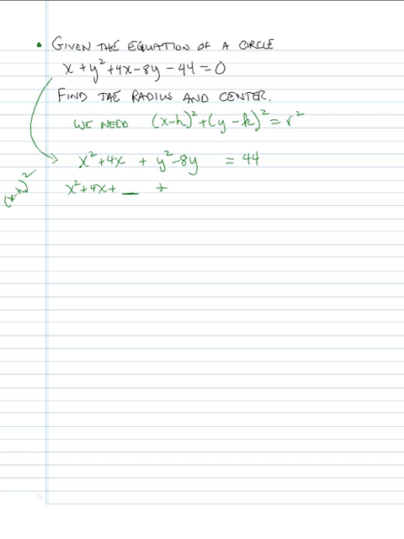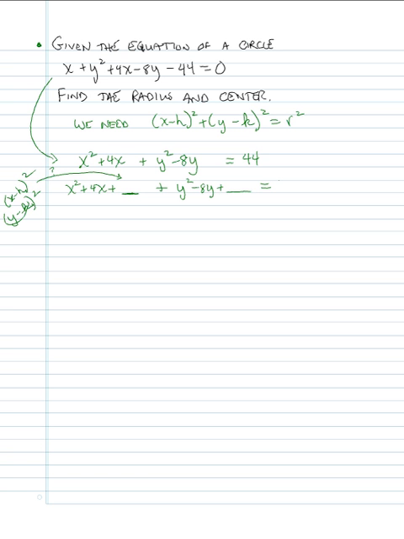See, that's what we're trying to do, and so we've got to figure out what number we need for our trinomial. And we're going to do the same thing for the y's. Y squared minus 8y plus some number, so that we can have a y minus k. That trinomial will factor as a y minus k squared. That is, we're trying to create trinomials that are called perfect square trinomials. Their factors are both the same.